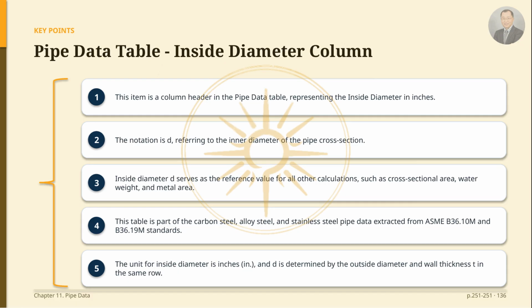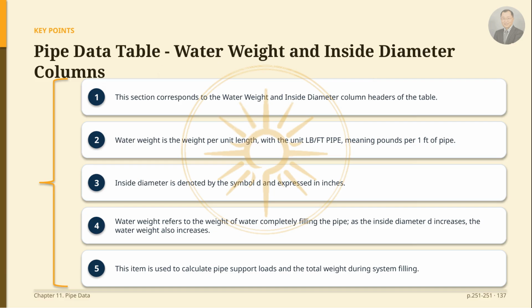For reference, this entire table contains data for carbon steel, alloy steel, and stainless steel piping taken from the ASME B.20.1 and B.36.19 standards.